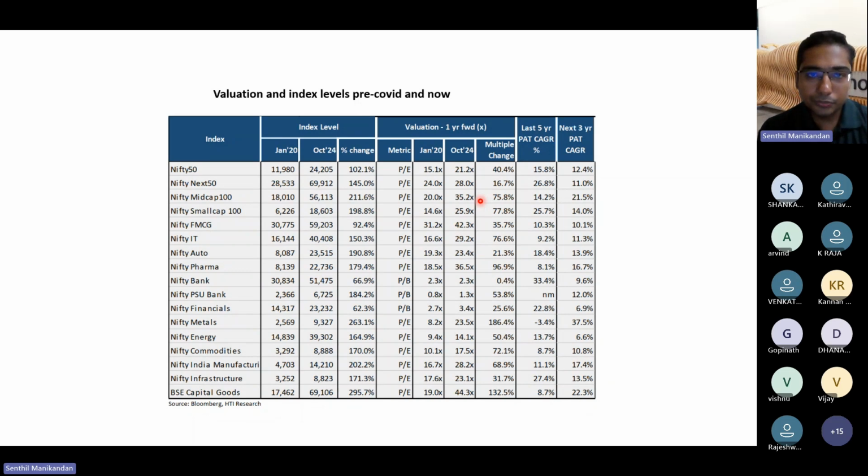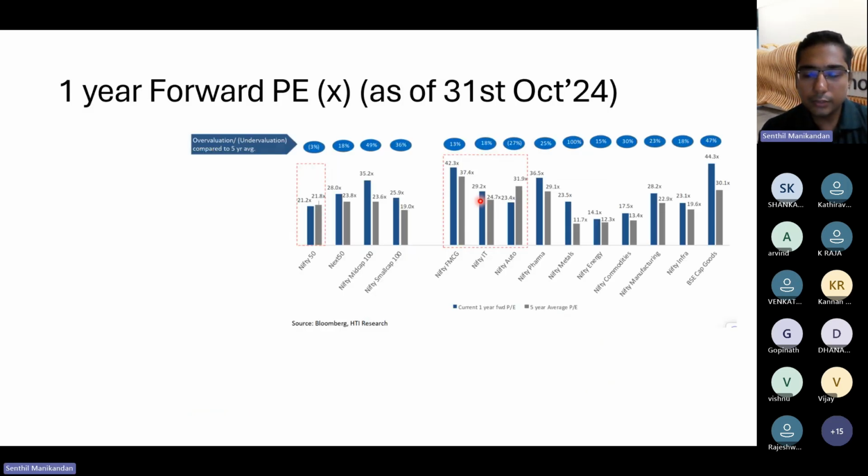Yeah. So moving to the next slide. With this construct, with the expected earnings growth and the current valuations where the market segments are trading, if you look at Nifty 50, the 1 year forward is close to around 22 times, which is in line with the last 5 years average.